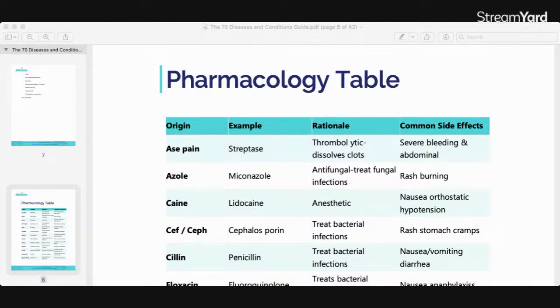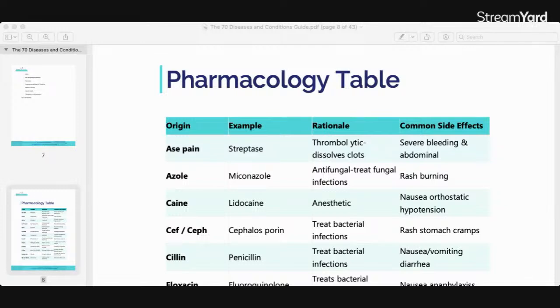Okay? With these ones, side effects can include a rash or stomach cramps. Rash is usually not common, but stomach cramps, yes. A lot of times antibiotics, especially these strong antibiotics, are always going to cause some type of GI disturbance.